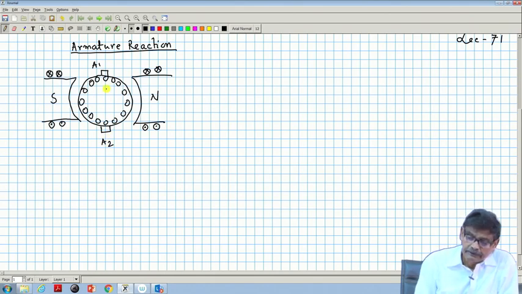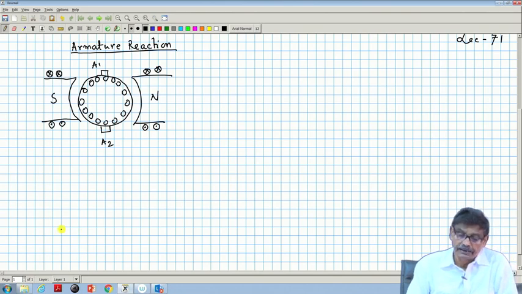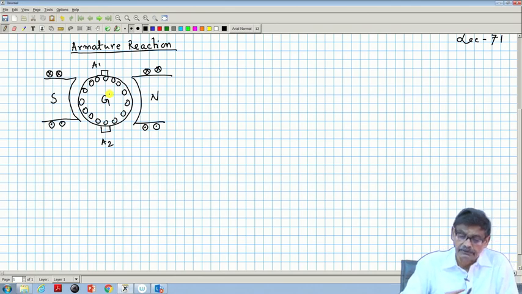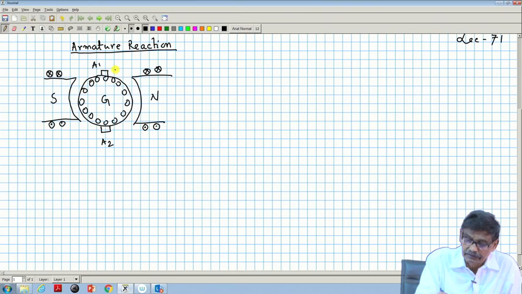Now, suppose it is operating as a generator, and the direction of rotation of the armature with the help of a prime mover is clockwise. Then these dots will be the direction of the EMF as well as the current. This you must understand when the armature is loaded.